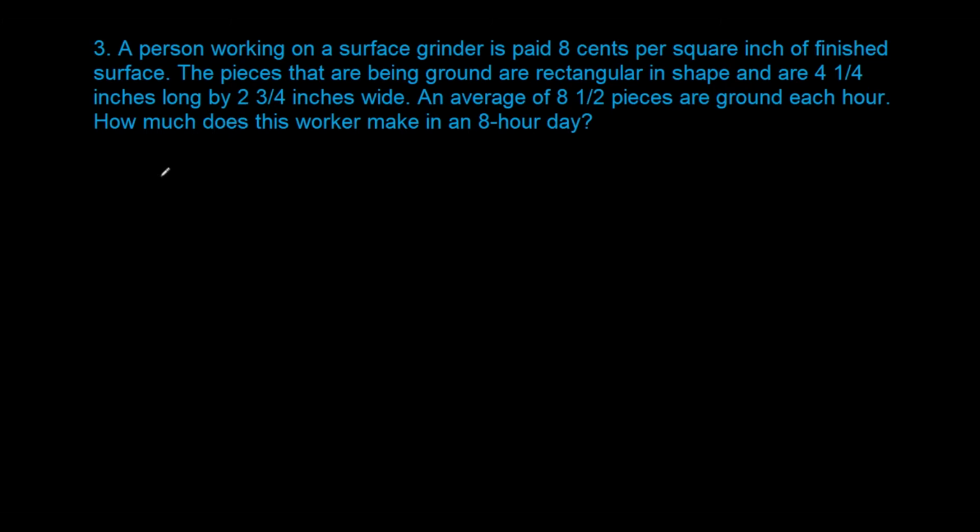So let's just say what we do know. What does it tell us? We're getting paid 8 cents per square inch of finished surface. The finished surfaces are 4¼ by 2¾.